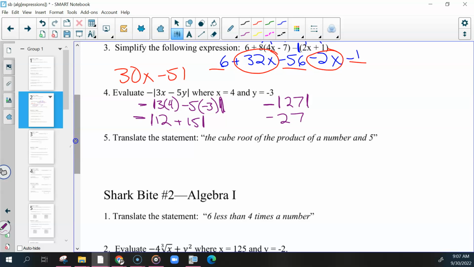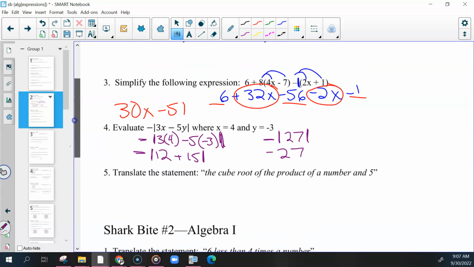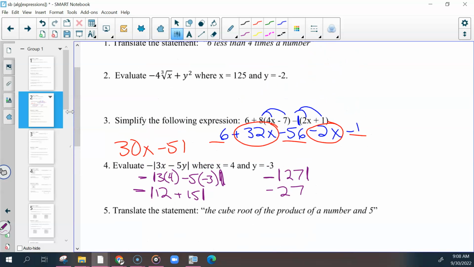Questions on that one? What was your question? We're not going over any others. For number 2, I don't remember what it was for.